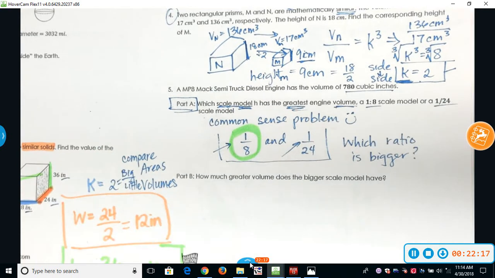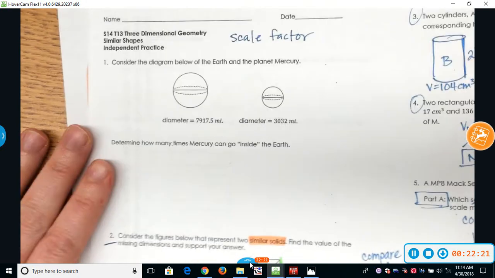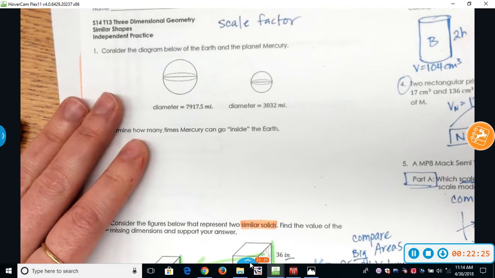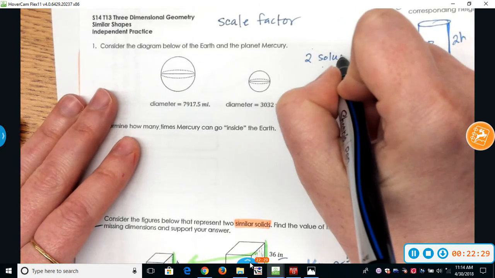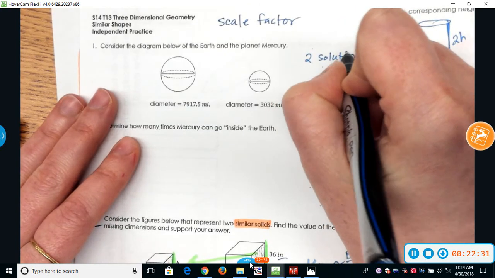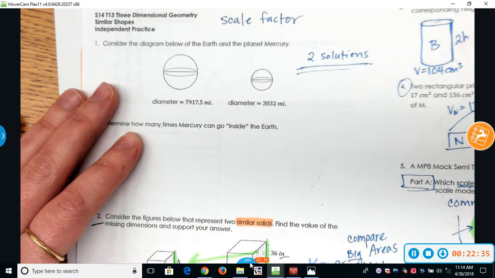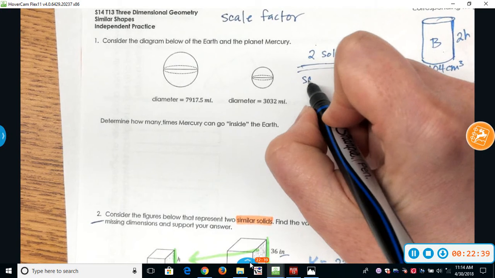All right, let's get back and go to number 1. Number 1, there's actually 2 ways, 2 solutions, or 2 ways of looking at this problem. But they both deal with scale factor.